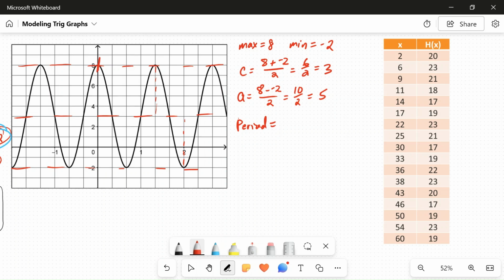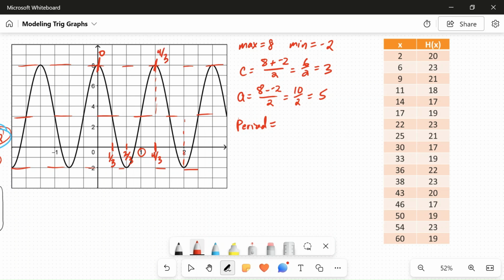So the first maximum starts at 0, and the second maximum is going to be right here. So what is the x value for that? So from 0 to 1, there are 1, 2, 3 boxes. So that means each box is a distance of a third. So 1/3, 2/3, 3/3. So this is actually at 4/3.